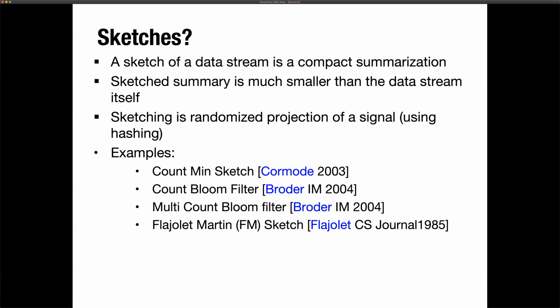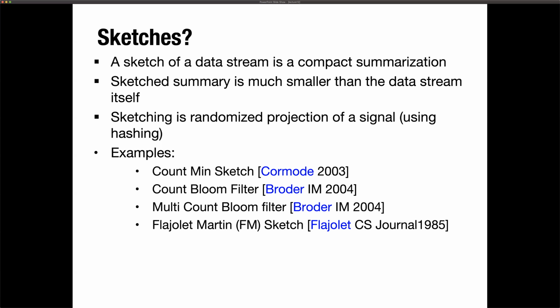They are very powerful data structures that have been used a lot recently in machine learning, when you're trying to perform a wide range of stateful operations over streaming data with very limited resources. So sketches are a compact summary of the data, and you can also think of them as a randomized projection of a signal.